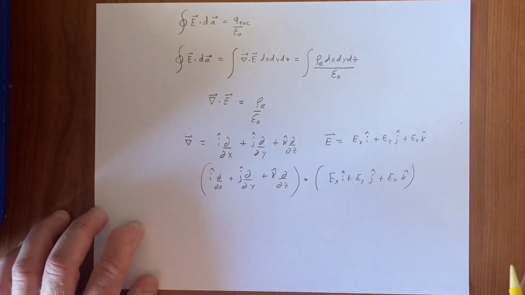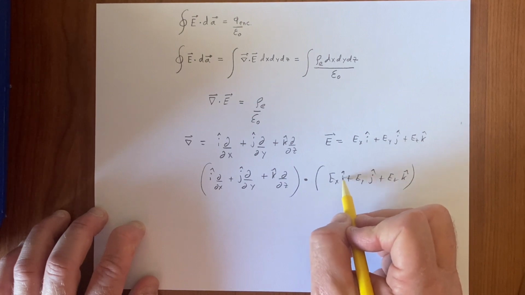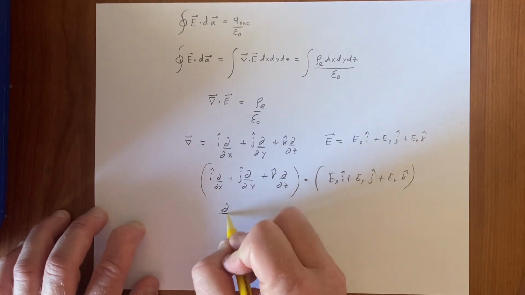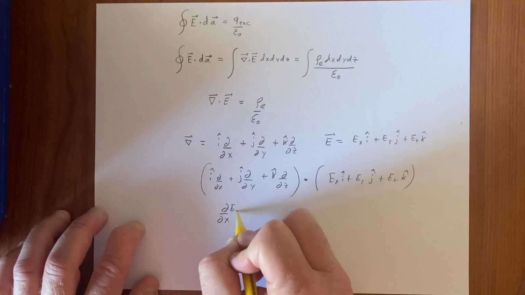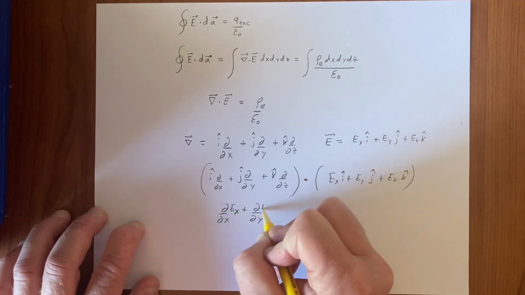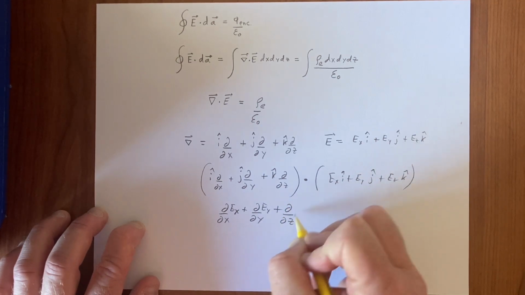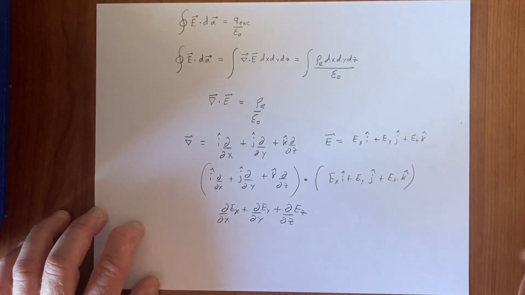We do the dot product, and so i dotted with i is just 1, and so we get d by dx of Ex plus d by dy of Ey plus d by dz of Ez.